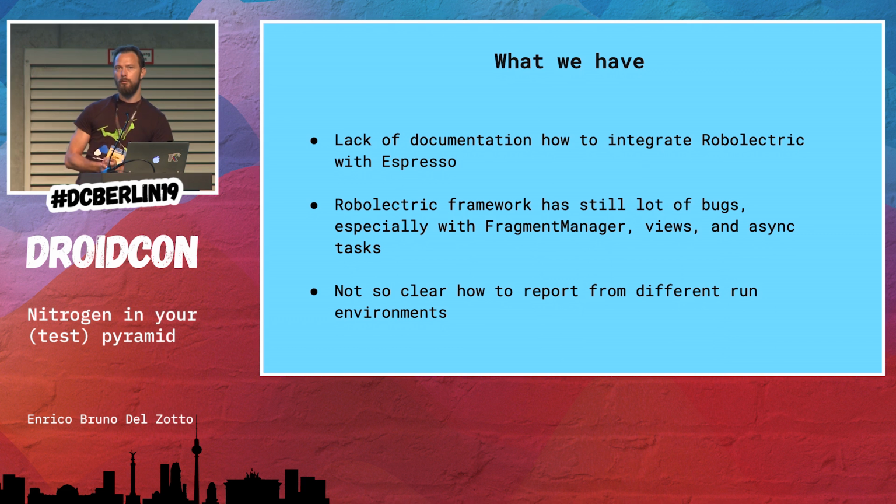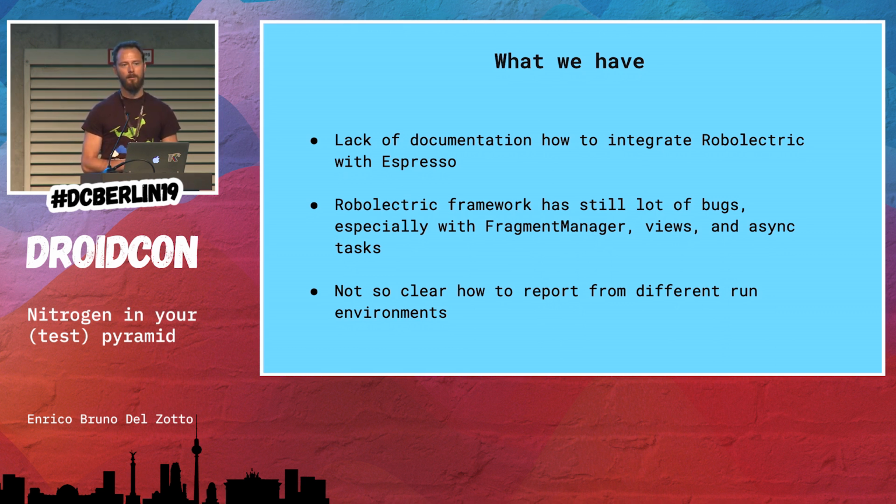It's very difficult also to understand in which manner to share a report between Espresso and Robolectric. Five minutes ago, I showed you the normal report that you can see using the unit test.